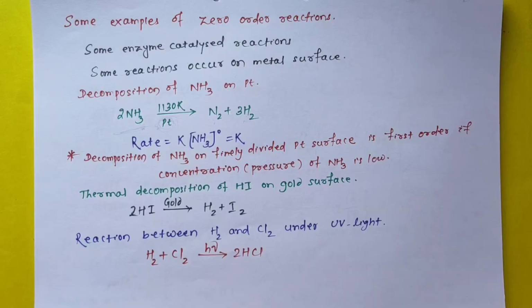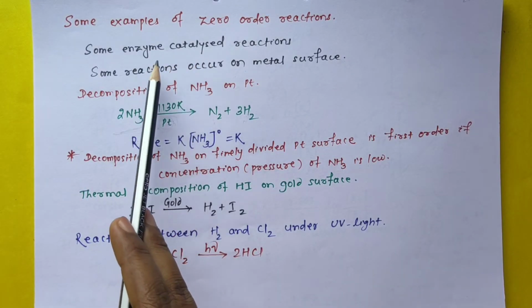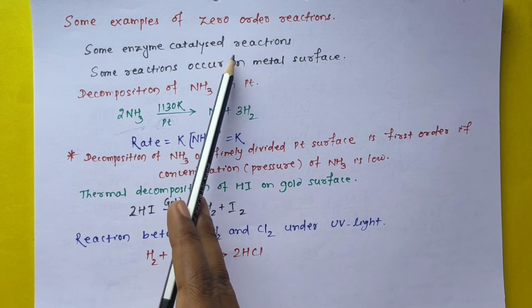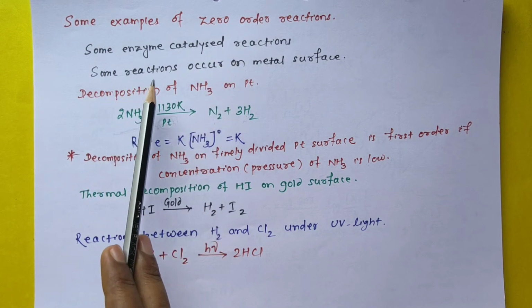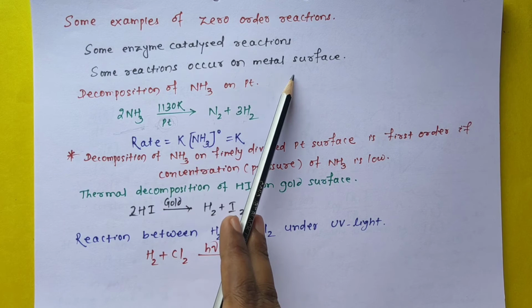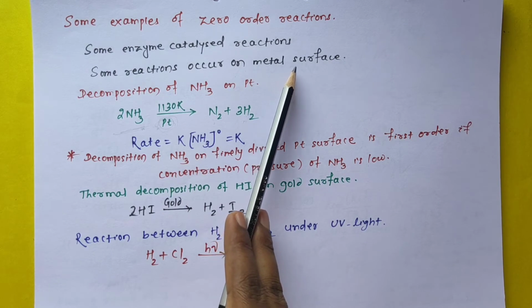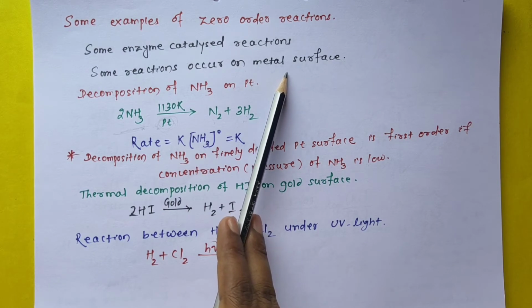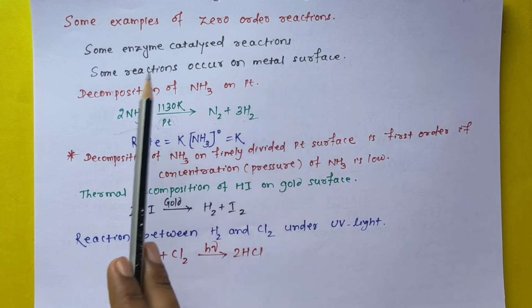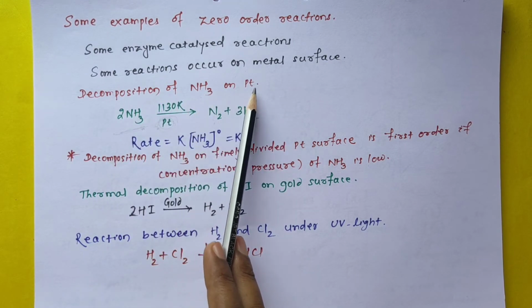Let's discuss some examples of zero order reactions. Some enzyme catalyzed reactions are zero order reactions. Some reactions occur on metal surface. Those are also examples of zero order reactions. Clear? So let's take some examples. Decomposition of ammonia on platinum.